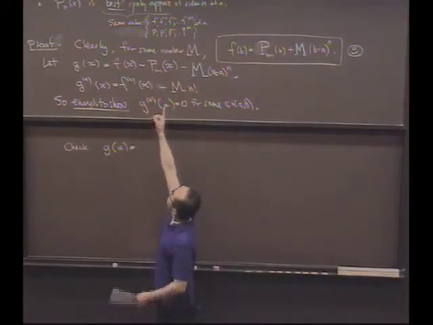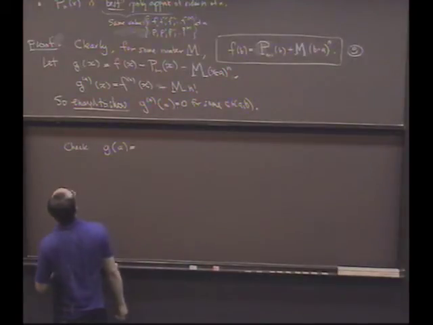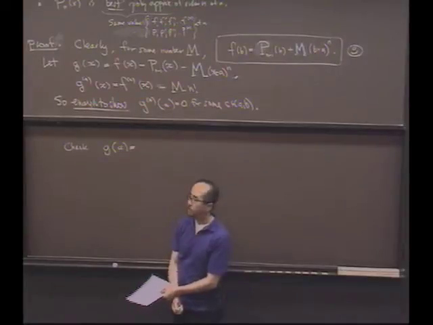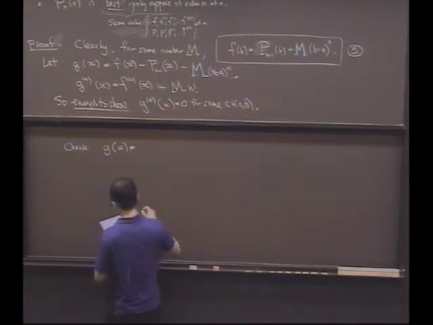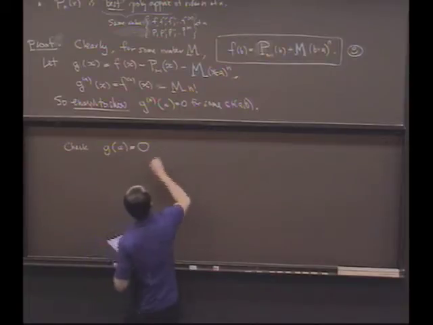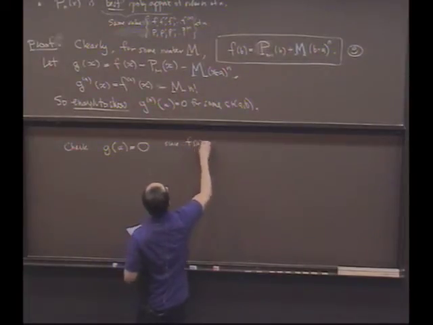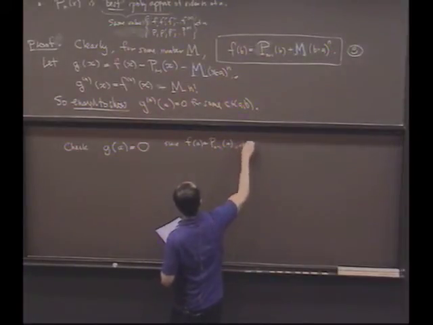F of a minus P n minus 1 at a. Why is it 0? They have the same value, right, at a. If I plug in a here, these things vanish. So g of a, in fact, is going to be 0, since f at a equals p sub n minus 1 at a. You can check that.